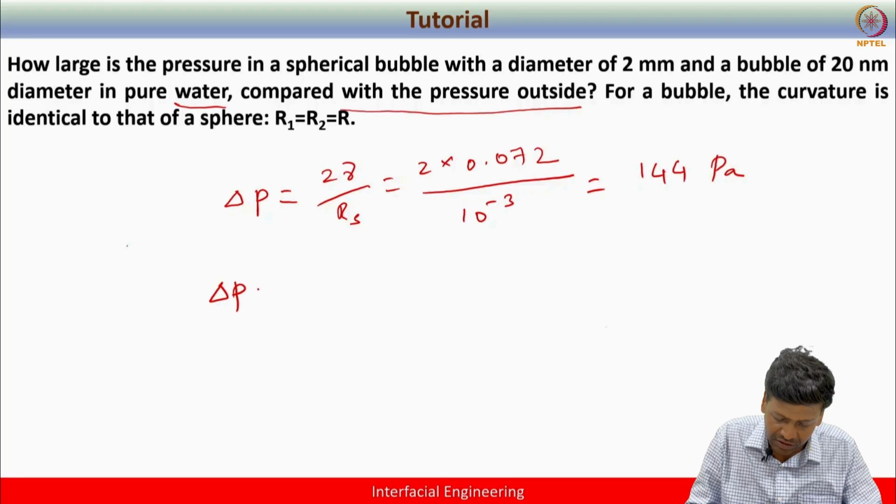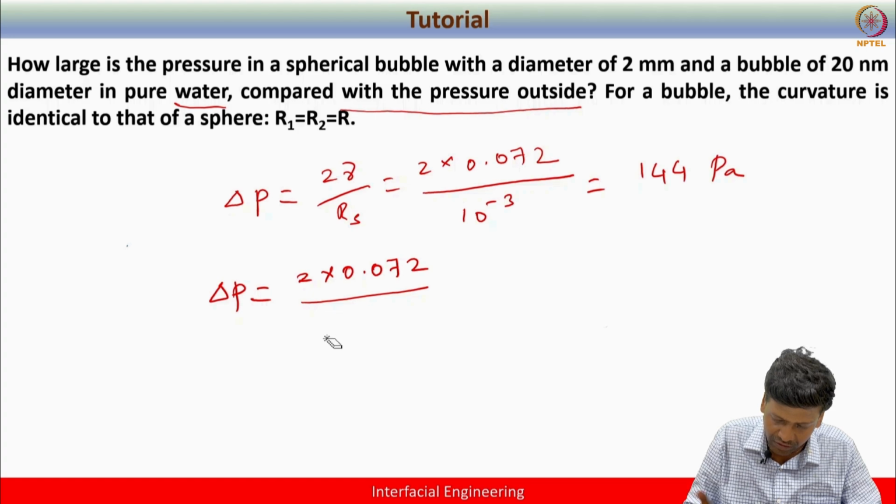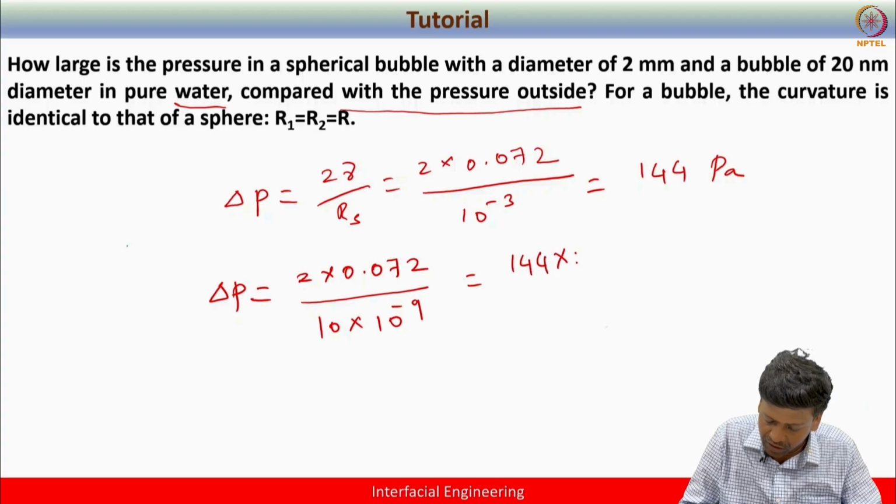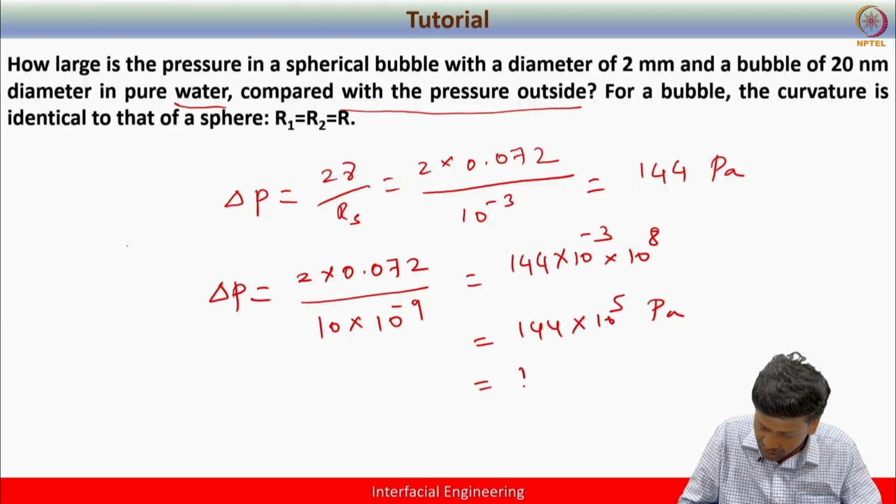In this case, delta P is 2 into 0.072 divided by, since it is diameter, I can take the radius as 10 nanometer, so 10 into 10 power minus 9 meter. This will be simply 144 into 10 power 5 Pascal, or 14.4 megapascal.